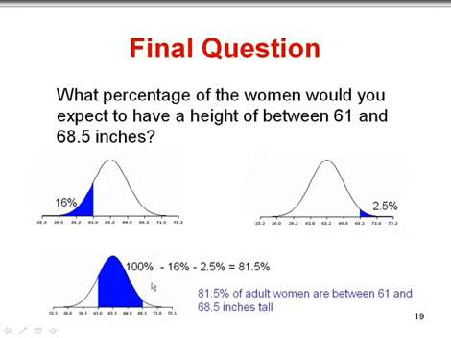So from 100% representing all women, we subtract the 16% that's below 61 and the 2.5% that's above 68.5 and realize the rest, namely 81.5% of women are between 61 and 68.5 inches tall.